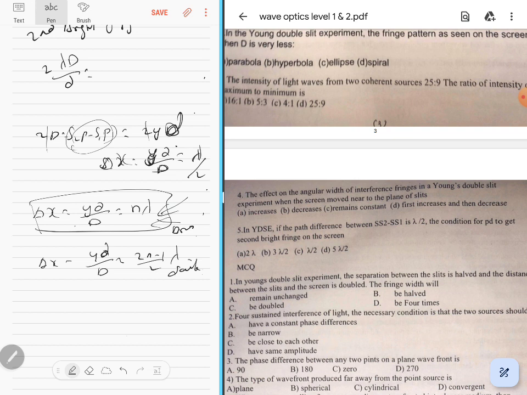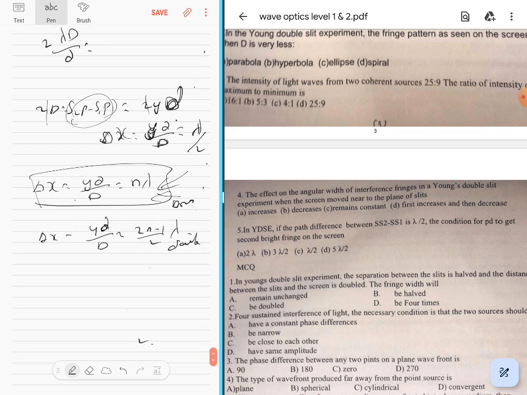To get n lambda, what did I consider? Lambda is the path difference for phase difference of 2 pi. What will be the phase difference for the path difference being delta x? I got 2 pi by lambda into delta x.